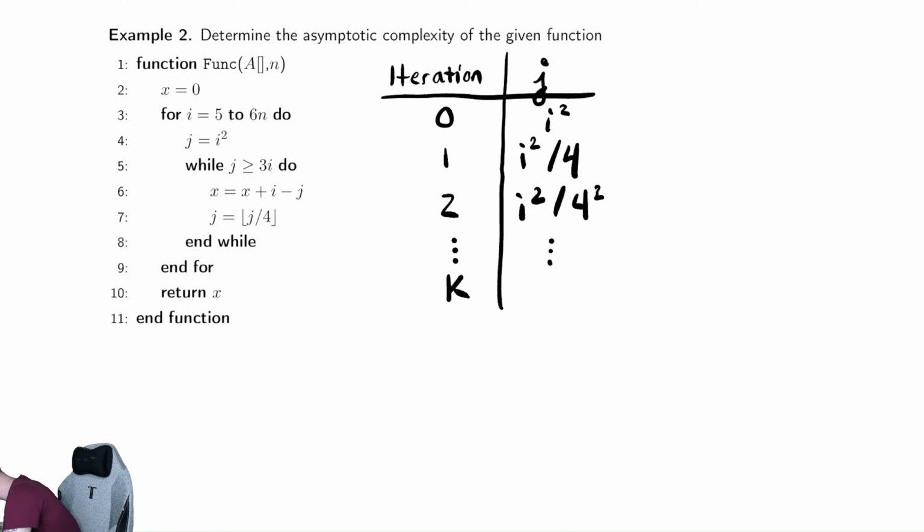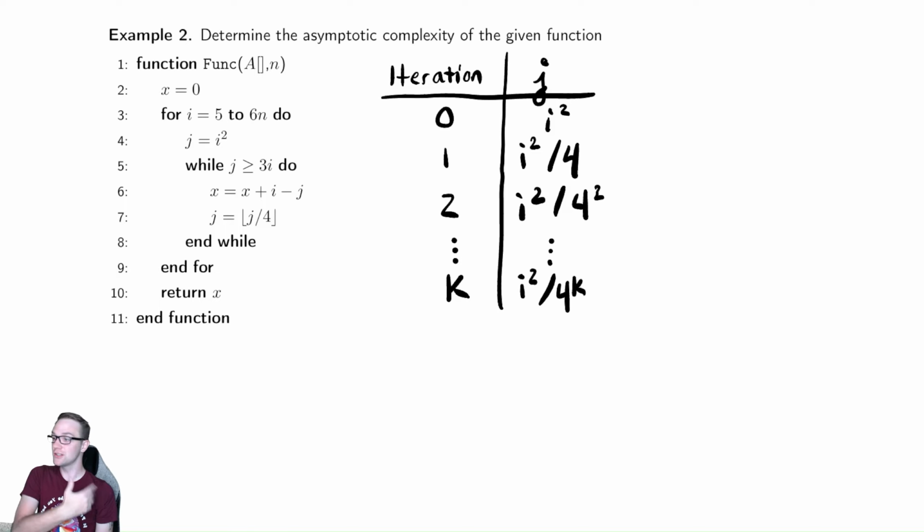We're dividing by 4 over and over again. Continued division, or continued multiplication, is exponentiation. So, after k iterations, this is going to look exactly like I squared divided by 4 to the k, because we're continually dividing by 4, which will always lead to an exponential looking term.